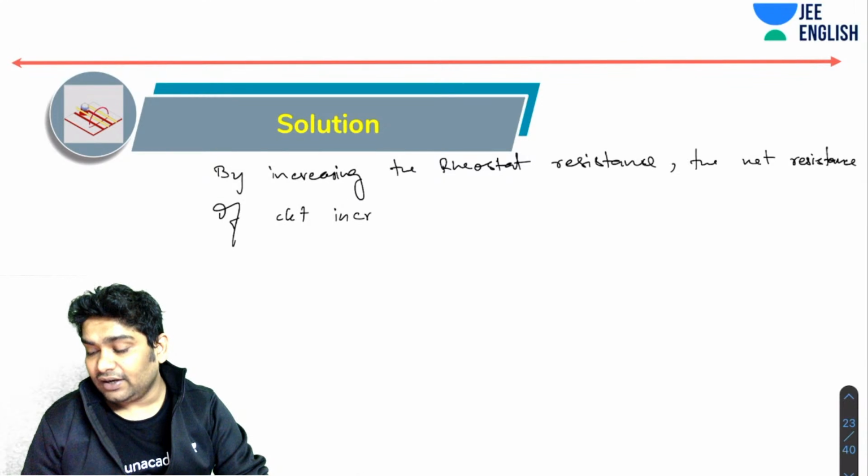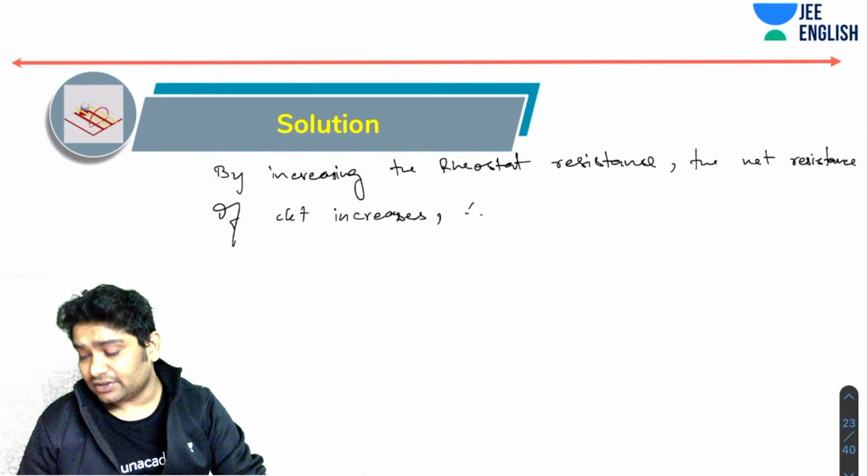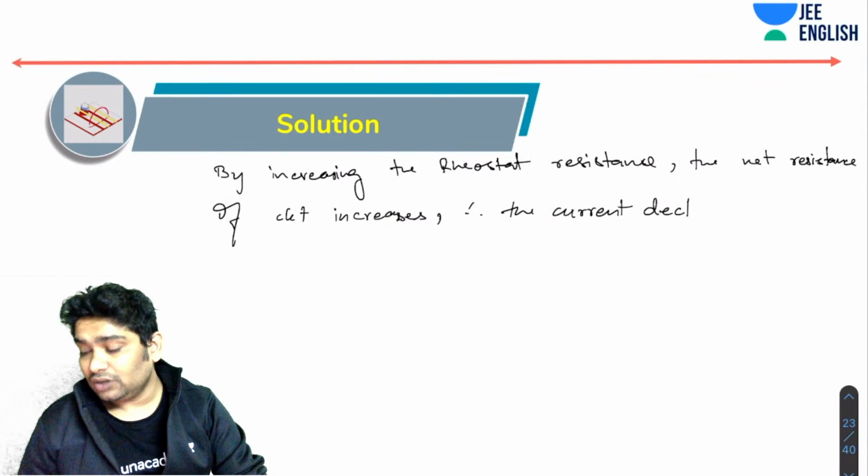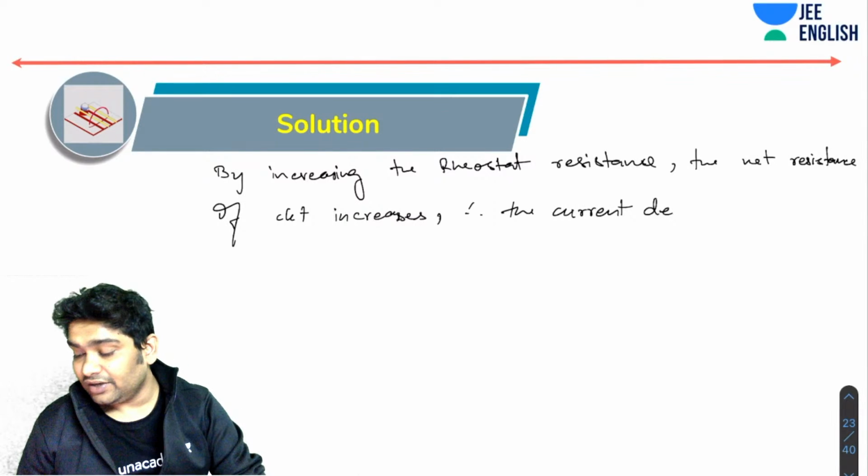So if the net resistance is increasing, therefore the current decreases. That can be clearly seen.